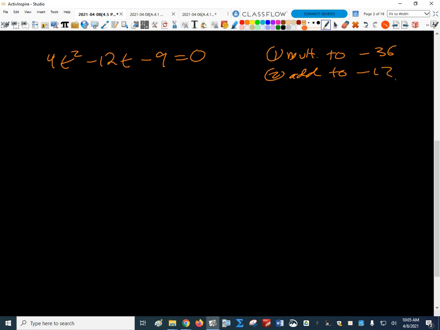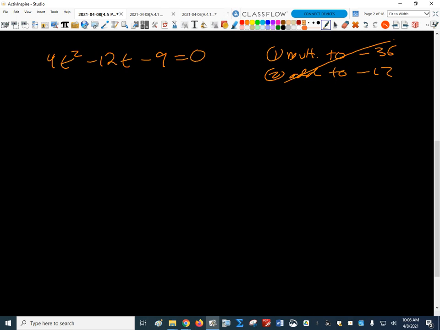So we'd have to have a negative and a positive, and the negative would have to be 12 bigger than the positive. Do those numbers exist? I don't think they exist, do they? 18, 2, no, that's not going to work. So there are no magic numbers, and we'd have to do something else.